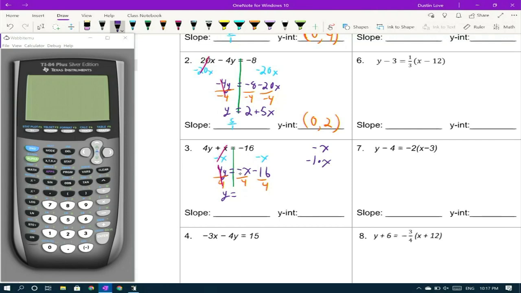So this is a negative 1 divided by 4, means my slope here is negative 1 over 4 times x. Negative 16 divided by 4 is negative 4. So my slope, m, is negative 1 over 4, like we just said. And y-intercept is (0, negative 4).